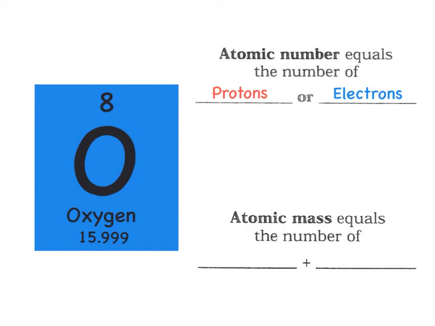Now the atomic mass equals the number of blank plus blank. So here's my hint. What lives in the nucleus? Well, we all remember that protons and neutrons live in the nucleus. So when I add protons plus neutrons, that will equal my atomic mass.